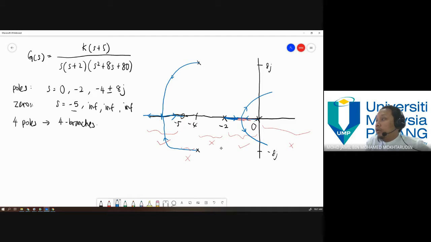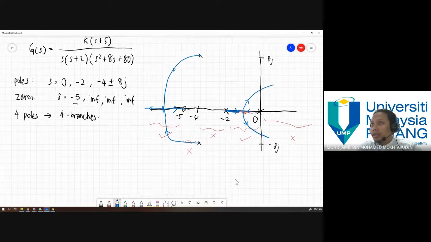We have root locus on this section, no root locus on this section, and another root locus on this section. This is just a rough sketch that you can do, so that later when you calculate everything, you can sketch it more properly. Okay, so now yes, question.